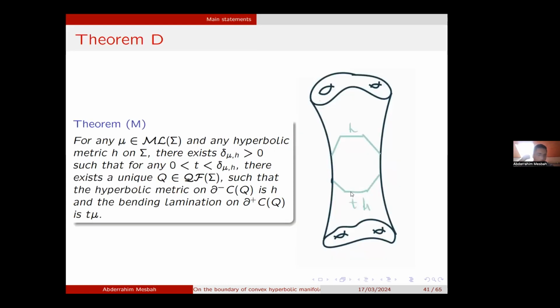We will sketch the proof of all these statements.